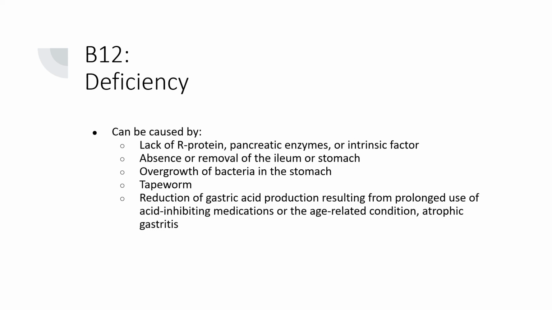Tapeworm could actually be stealing the B12 right out of our guts from us, and overgrowth of bacteria in the stomach could act through multiple pathways. It could inhibit the production of R protein, which would lead to destruction of B12 via the acidity of the stomach.